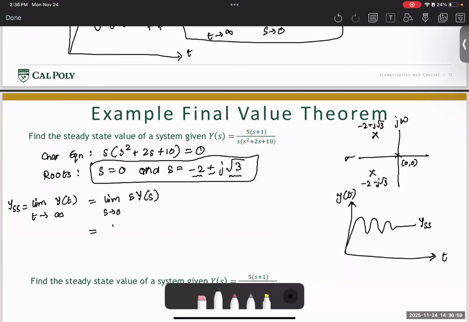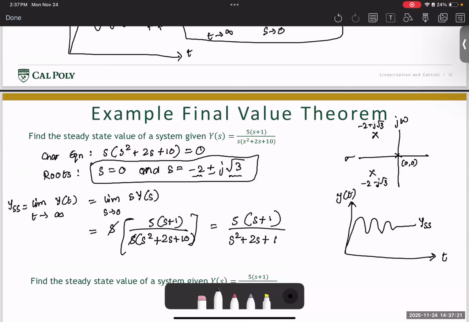This is nothing but s times Y(s), which is 5(s plus 1) divided by s times (s squared plus 2s plus 10). Substituting this, we cancel s and s. This is nothing but 5 times (s plus 1) divided by (s squared plus 2s plus 10).